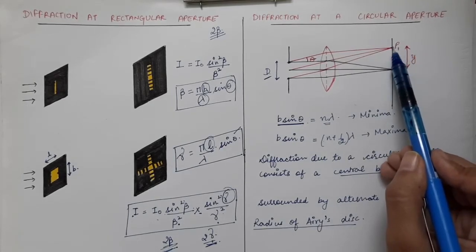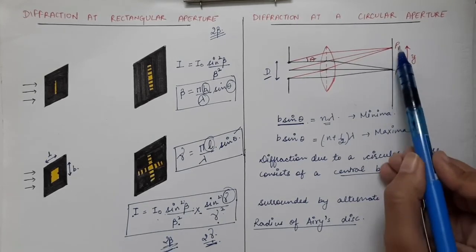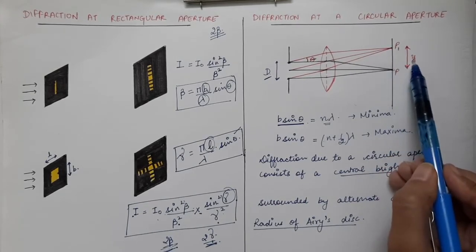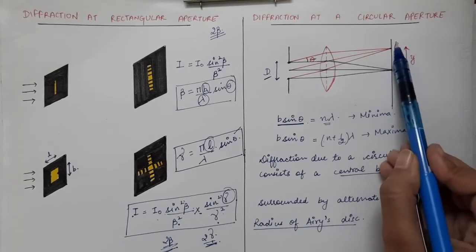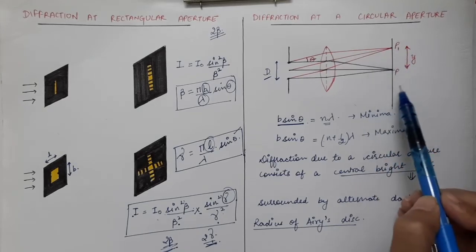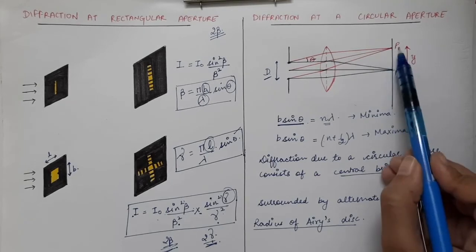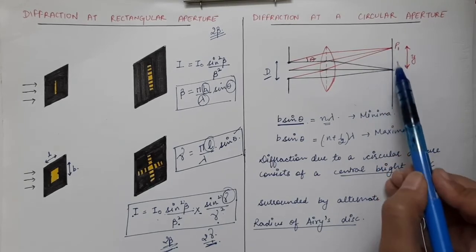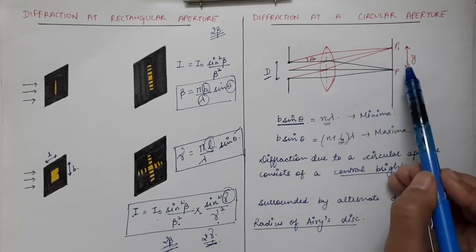Now P1 point is at a distance of y from the central point, and we are supposing that at P1 point the minima is obtained. So at all the points on the screen which are at a distance of y from the central point, minima will be obtained.